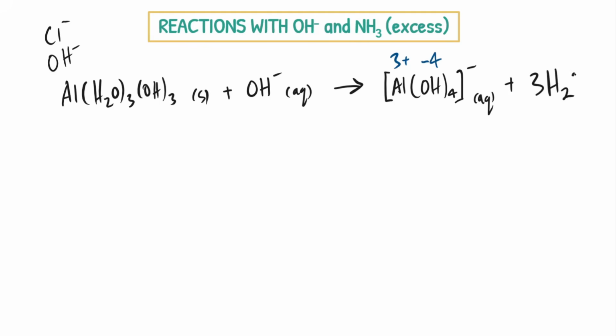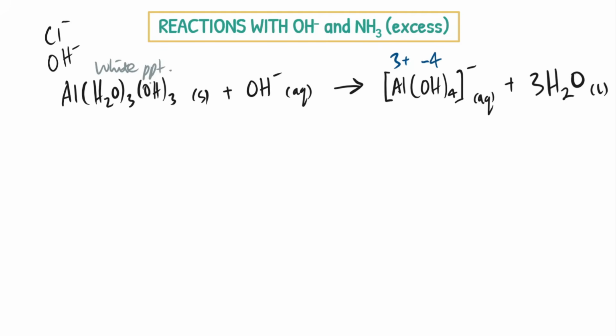And then we're going to have 3 water molecules kicked off. Okay, and this is a liquid right here. So what is the observation going to be here? It's going to be this precipitate right here. What color was this precipitate? Do you remember? It was white, okay? White precipitate.